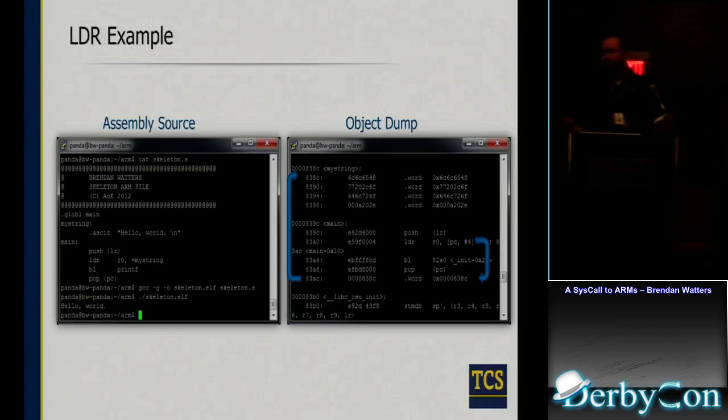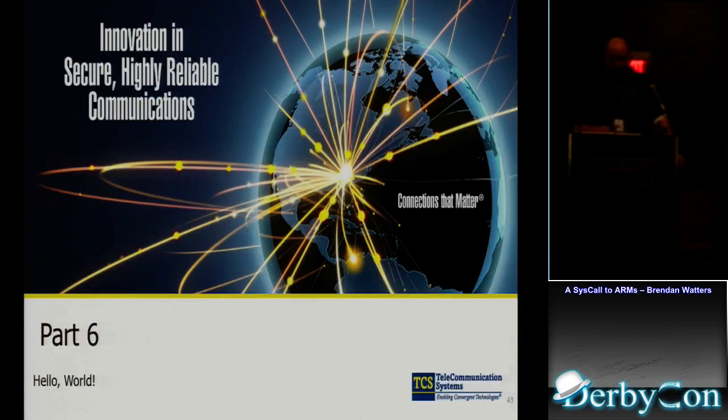Okay. Does this make sense to everybody? Maybe. Okay. So when we talk about doing an LDR instruction, that's how we actually get a 32-bit value into a register, by establishing a literal pool.